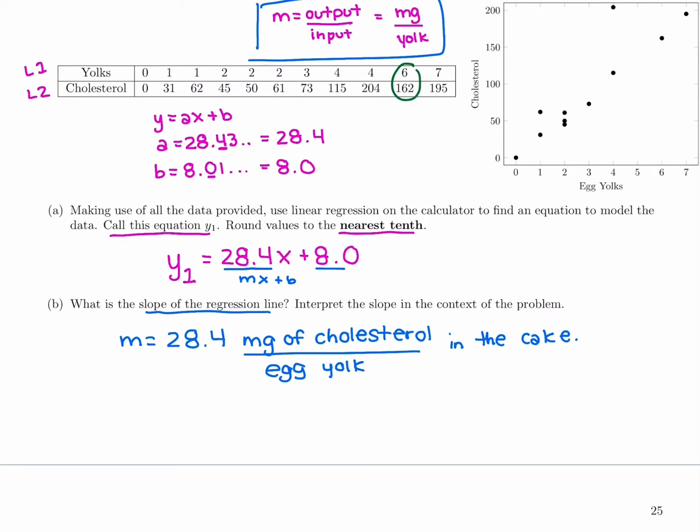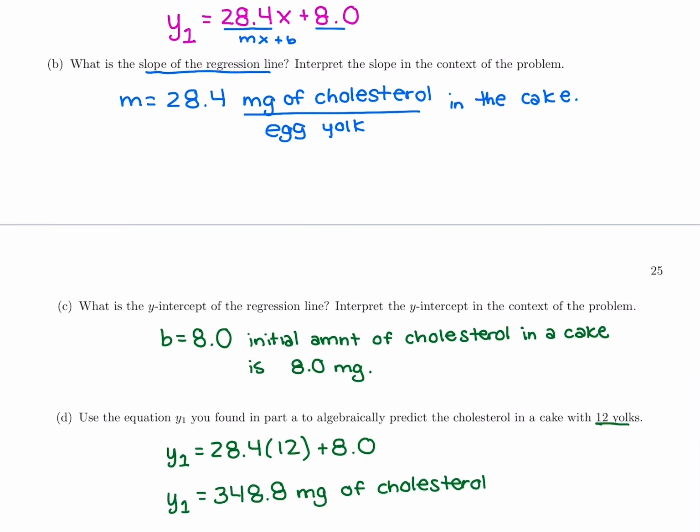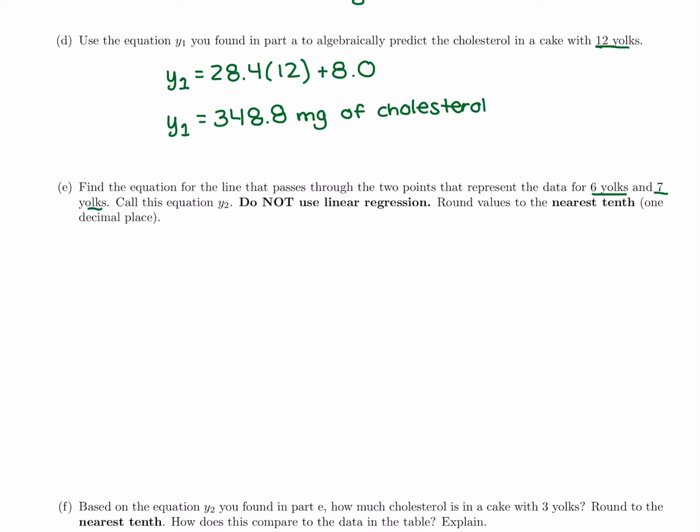So I'm looking at 6 and 7. So we have the point 6, 162, and the point 7, 195. So we're going to bring these points down with us and find the equation between them.